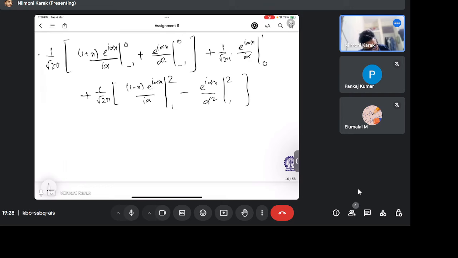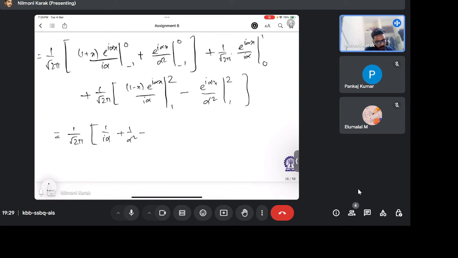Now put the values of the lower and upper limits in each integral. When you put 0, we have 1 by i alpha plus 1 by alpha square.